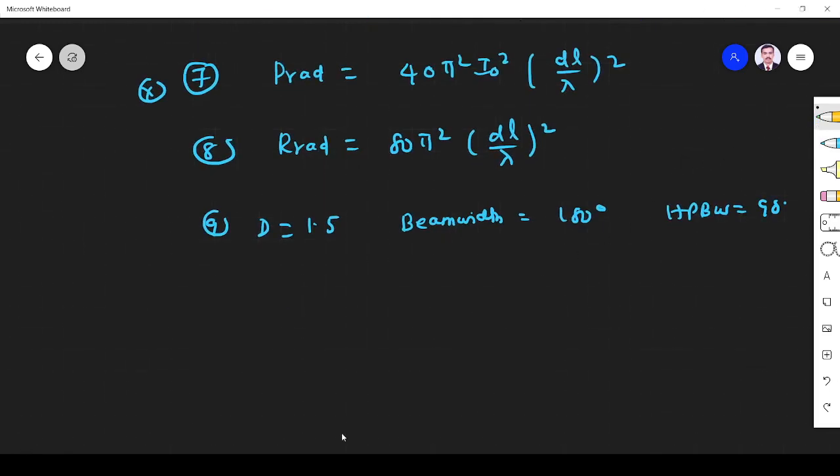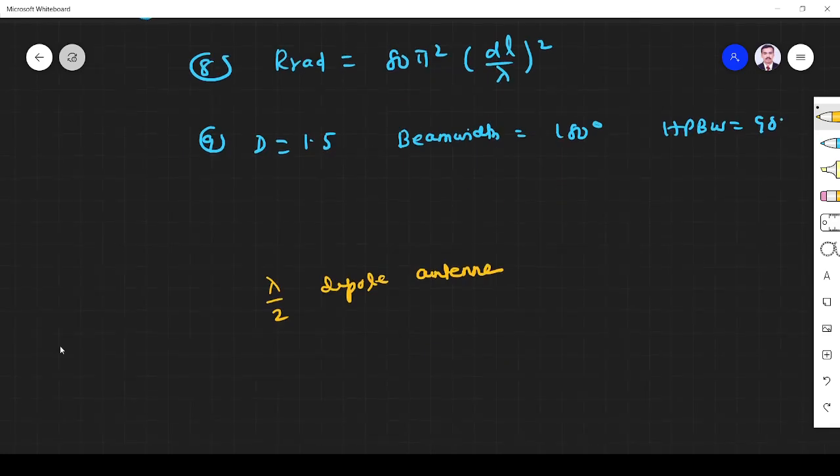Next one is the half-wave dipole antenna, lambda by 2. For the half-wave dipole antenna, we must know radiation resistance is equal to 73 ohm and directivity is 1.64.